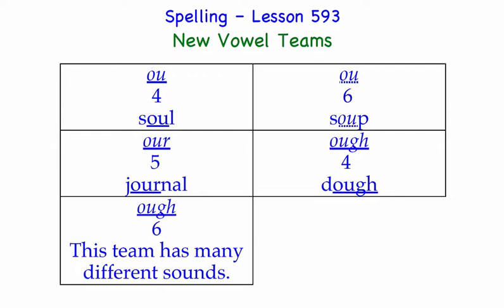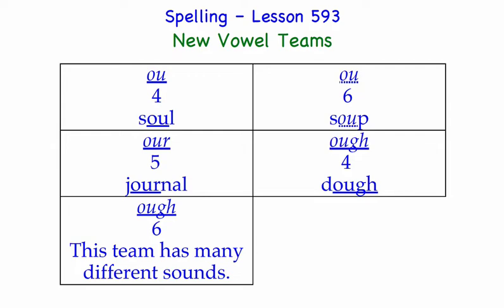When OUGH represents the long O sound, as in the word dough, referring to the dough you use to make bread, you would underline OUGH and put a 4 under it. However, OUGH can represent many other sounds as well. So when you encounter OUGH, first of all, determine if it's representing the long O sound.